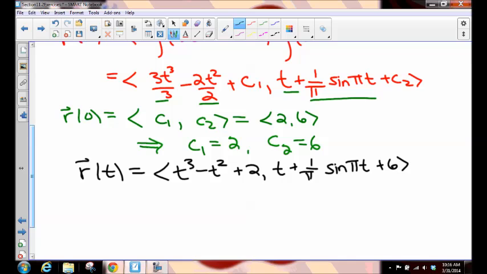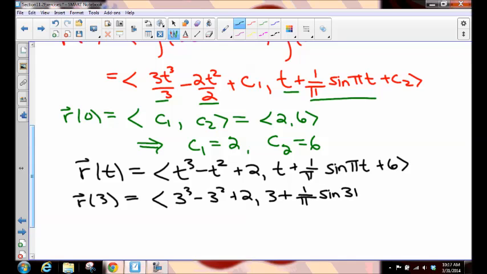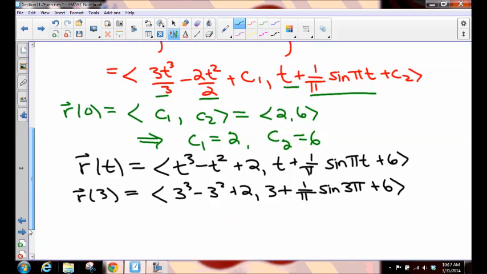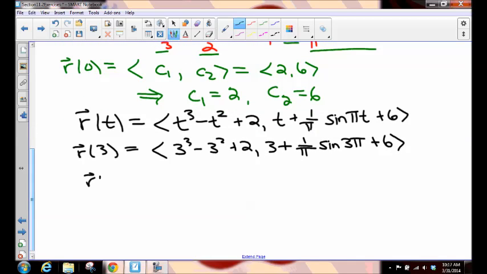Part A really asks us to find what the position vector is when t is equal to 3. So I'm just going to substitute in 3 everywhere. I'm going to have 3 cubed minus 3 squared plus 2, comma, 3 plus 1 over pi times the sine of 3 pi plus 6. Then I can do some algebra to simplify this.